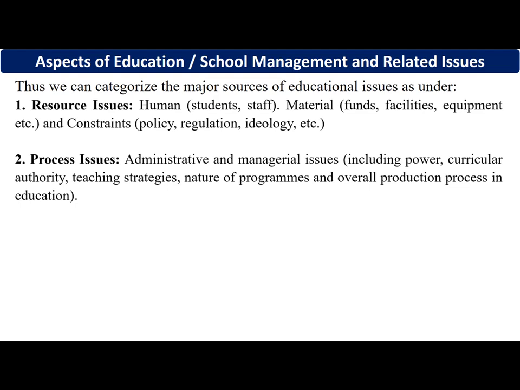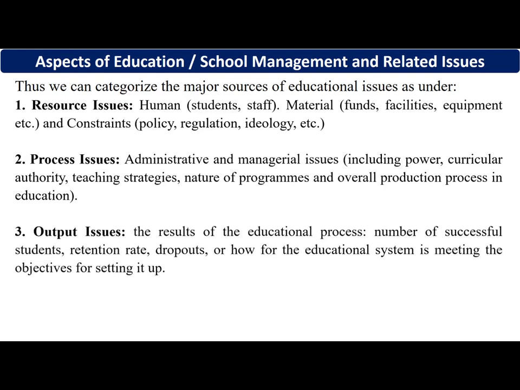Here administrative and managerial issues are there, including power, curricular authorities, teaching strategies, nature of programs, and the overall production process in education. In output issues, the results of the educational process: number of successful students, retention rate, dropout, or how far the educational system is meeting the objectives for which it was set up.